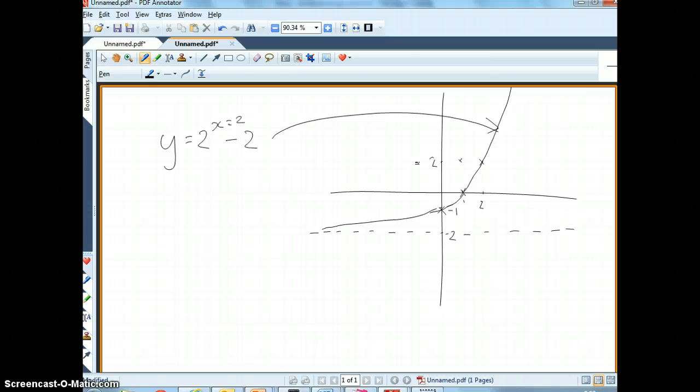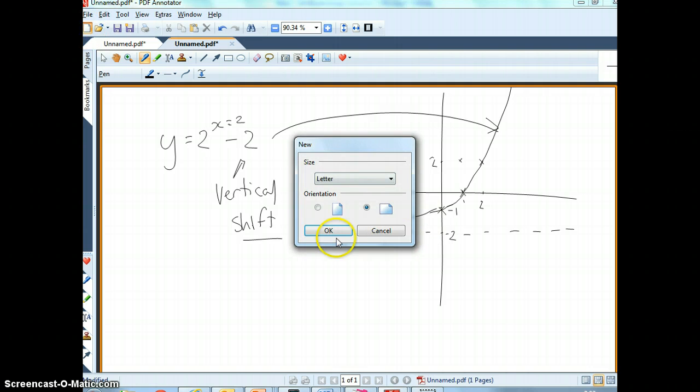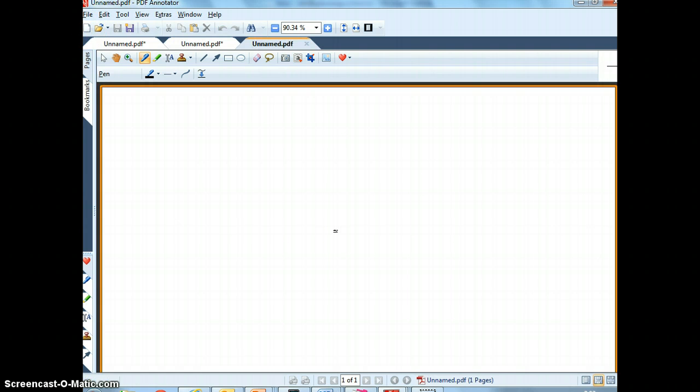Okay, so that is the vertical shift. And if we come back to our parabola, do you remember how we shifted the parabola left and right? You put in brackets, say, x plus 1 in brackets, and then you square it. And that shifts it to the left or right?